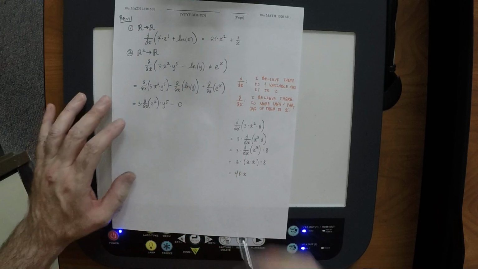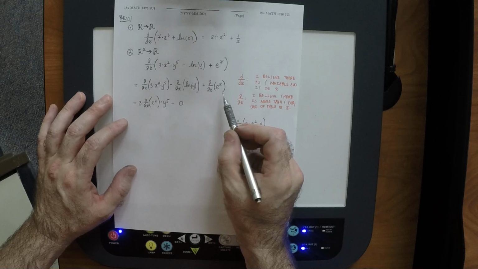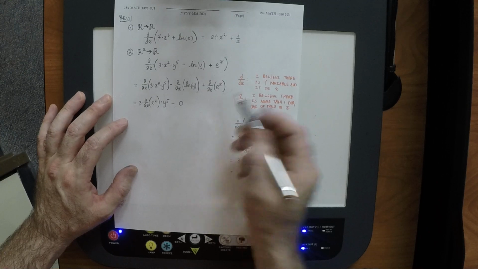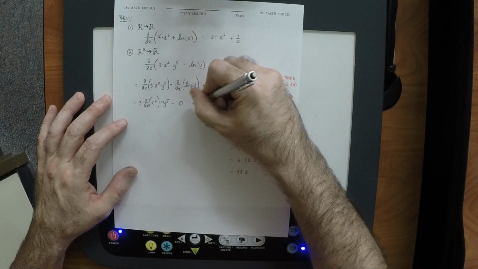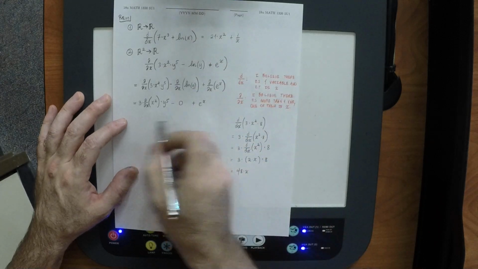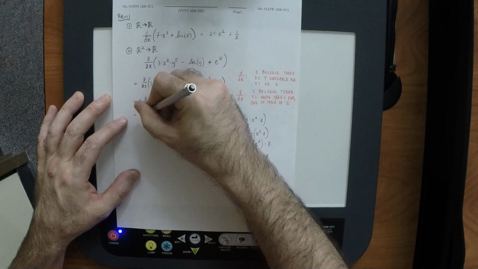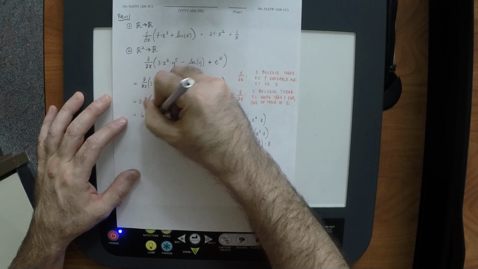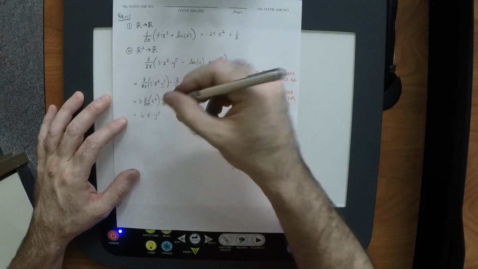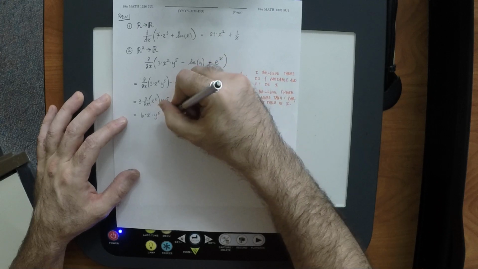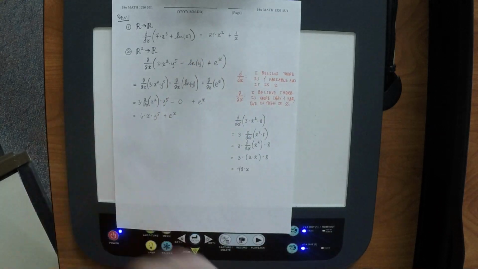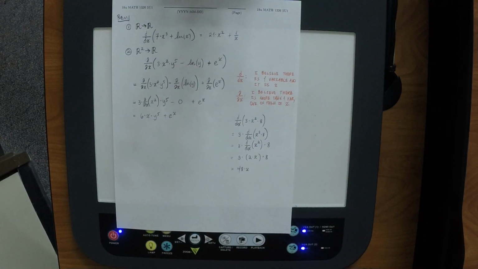Good. So then, what is the x partial of e to the x? Just e to the x. And then you could write this as 6x y to the 5, leave the 0, and then plus e to the x. Good. Any question about that?